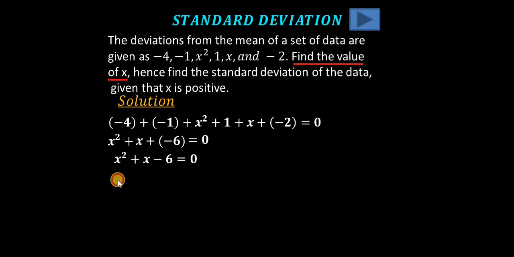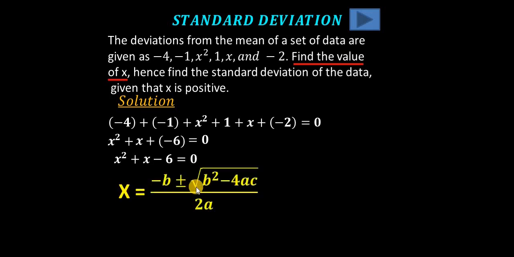The quadratic formula states x is equal to that, where a, b, and c are constants in the quadratic equation. a is the coefficient of x squared, which here is 1. b is the coefficient of x, which is +1. And c is the constant term, -6. We are going to do our substitution in this quadratic formula.